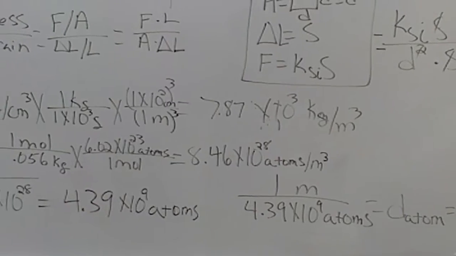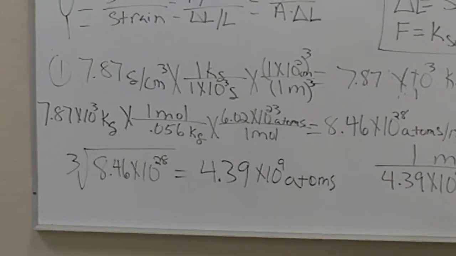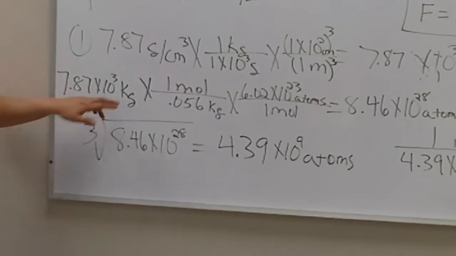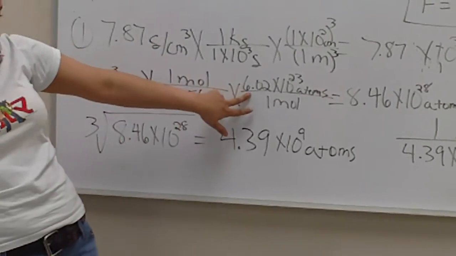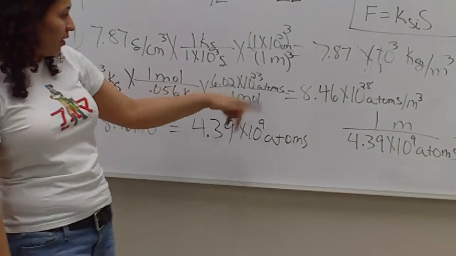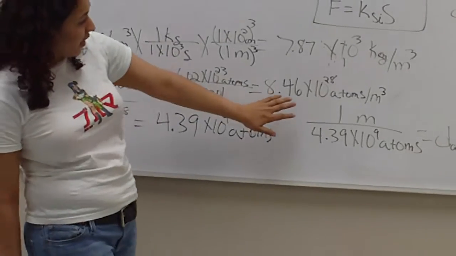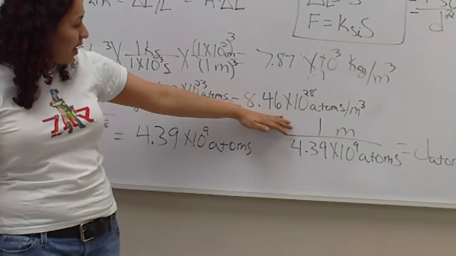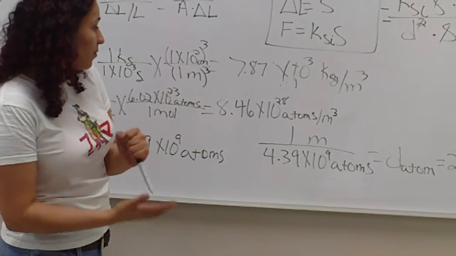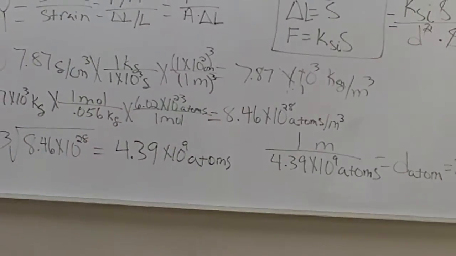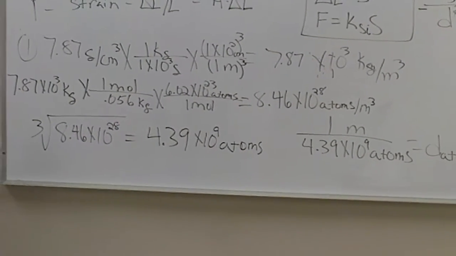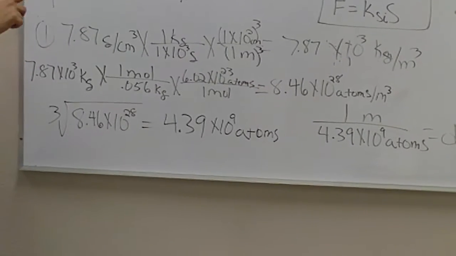From there, we're going to calculate how many moles we have to get the atoms. We calculate everything in kilograms, and we find that we have 8.46 times 10 to the 28 atoms in the meter for the whole cube. Now we're going to find what one length is instead of the whole cube.